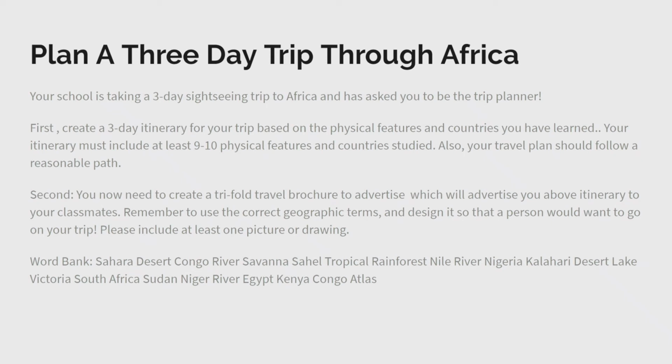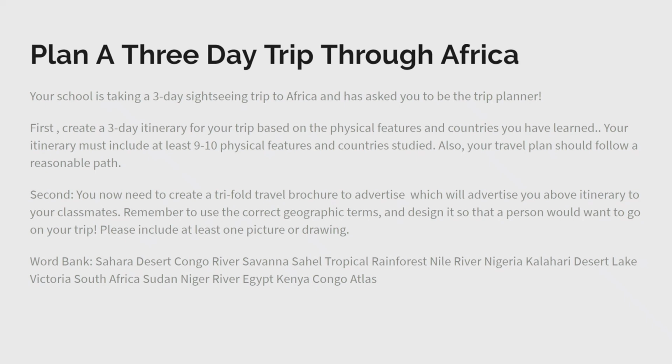It should be visually appealing, and you can use crayons. That's where those crayons come in, if you have them. If not, just use a pencil drawing. Either way, make your brochure. Make sure to include at least one picture in there so you can appeal to that. That's what you're going to do. You're giving the facts. You're appealing to your peers.